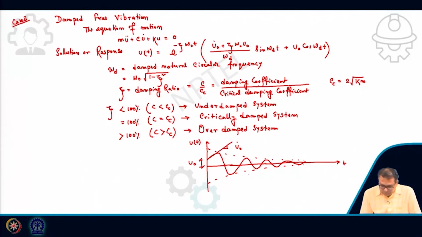Okay, and obviously this value will be 2 pi by omega d, because it is a damped system. Okay. So now this is the decay, the logarithmic decay is there. So now this logarithmic decay we can calculate, because this decay is there.